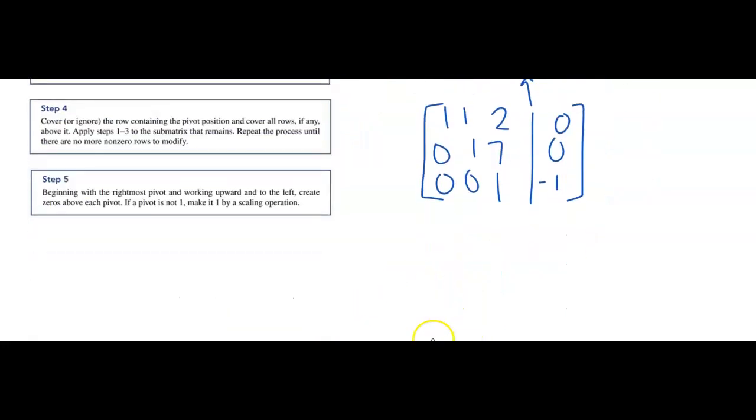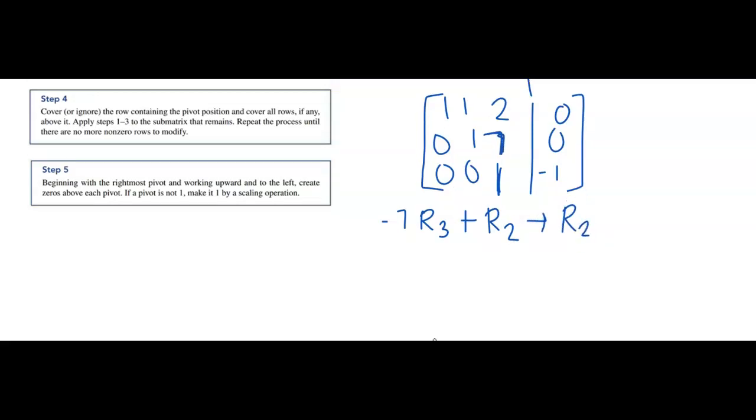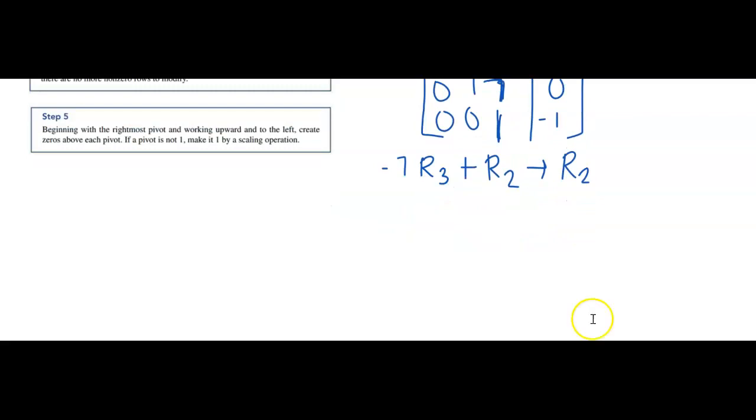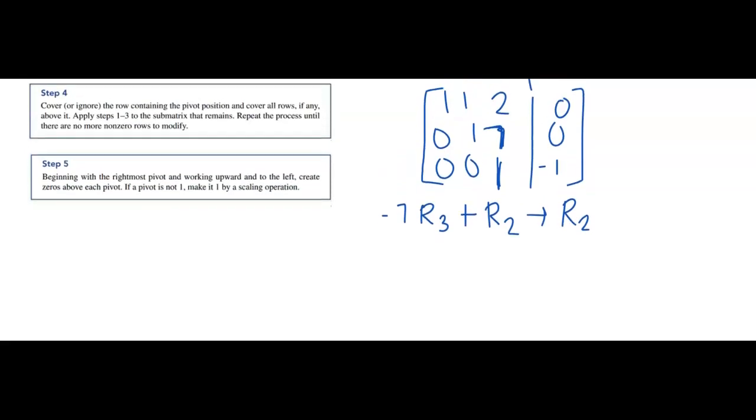Okay, so I'm going to say take -7 times row 3 and add that to row 2, -7 times 1, add that to 7. That's going to zero that out and put that back into row 2. So when I do that, 1 and 3 stay the same.